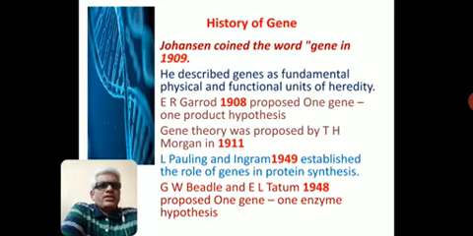Coming towards the history of the gene. Friends, as you know, the first microscope was discovered in the 17th century by Robert Hooke, and as the microscope evolved, the study of cell biology as well as genetical science also evolved.